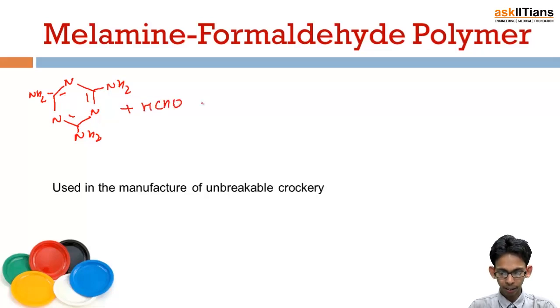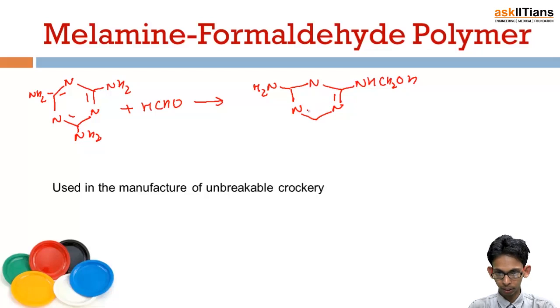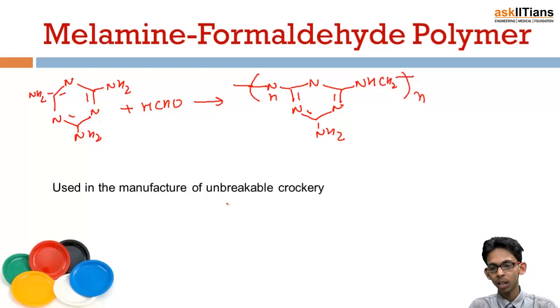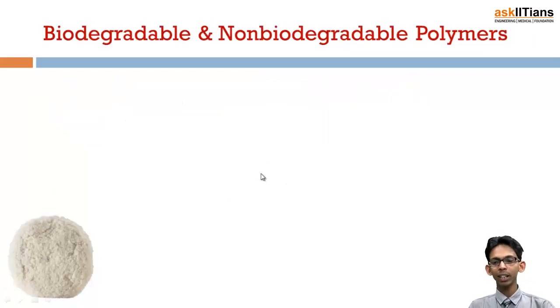This reacts with formaldehyde to form C3N3 with NH CH2OH groups, with a conjugated system like this, and NH2 here, and this undergoes polymerization to give rise to a structure like this, with NH, with n number of chain, and this is known as melamine formaldehyde resin, which is used for formation of unbreakable crockeries.